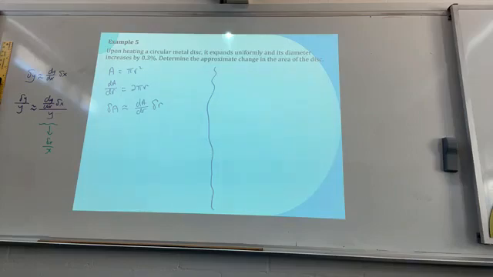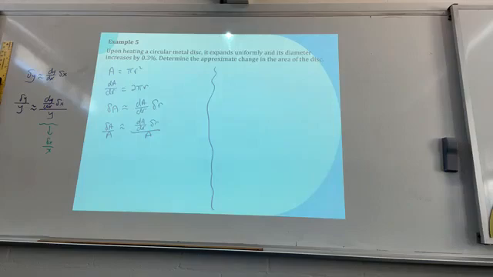Remember, delta is a small change. So here, you want percentage change, so divide everything by A. Correct? If it is decreased, it is minus. If it is increased, it is plus. Now you should be able to manipulate your right hand side until you get down to delta R over R.